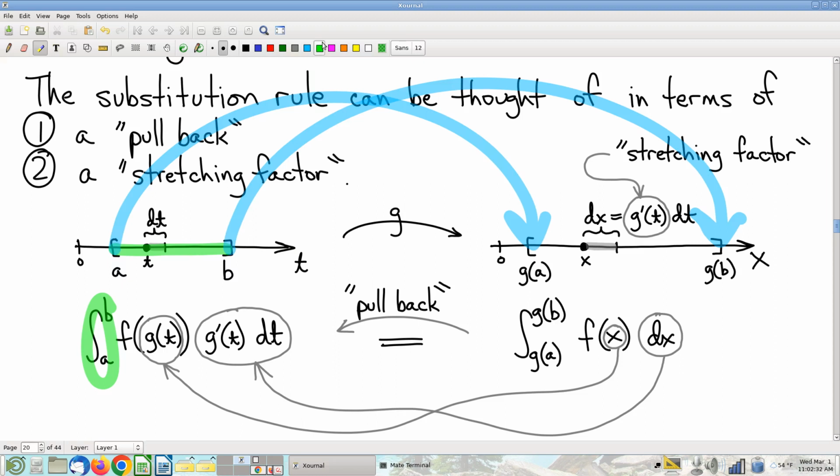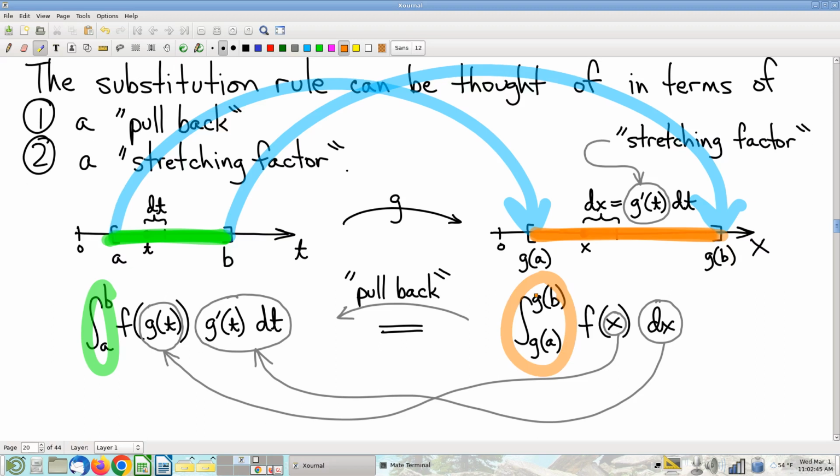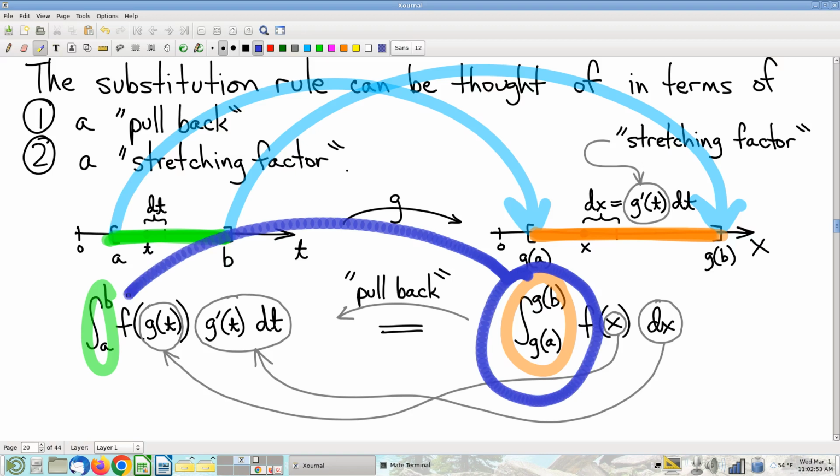And so this interval from a to b turns into this interval from g of a to g of b on the x-axis. Said differently, when you do the pullback, this interval from g of a to g of b has pulled back to this interval from just a to b. So, another way to think about the setup that we have here.